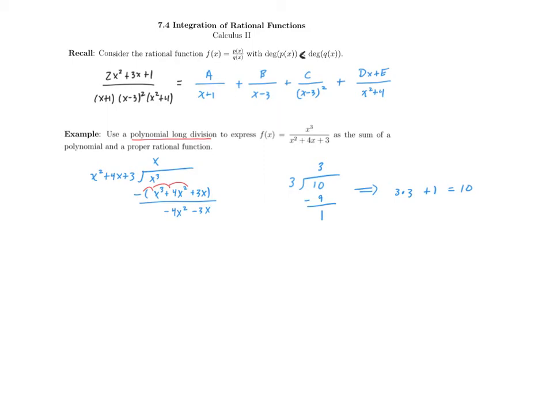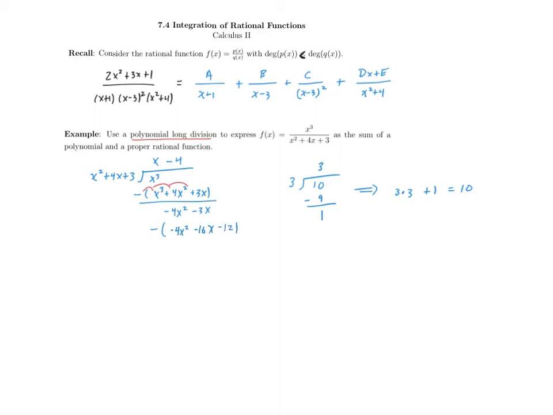We ask ourselves once again, how many times does x squared go into minus 4x squared? And the answer is minus 4. And now we subtract away minus 4 multiplied by x squared plus 4x plus 3. So we'll be subtracting away a minus 4x squared minus 16x minus 12.